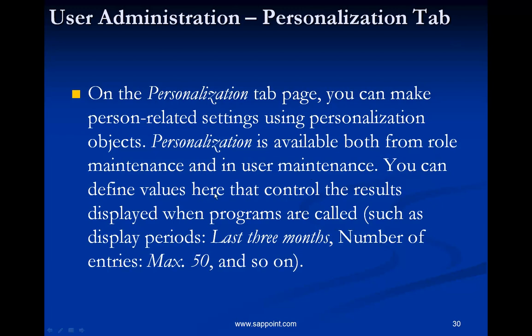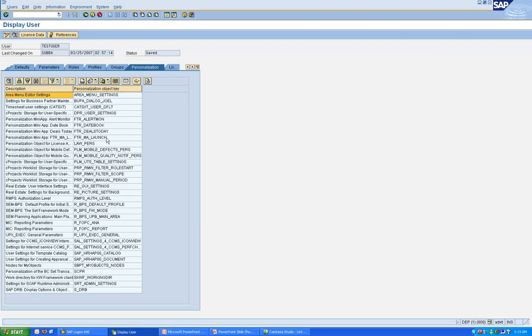You can define values here that control the results displayed when programs are called, such as display periods, last 3 months, number of entries, max 50, and so on. So you can maintain personalized information for users in this particular tab.